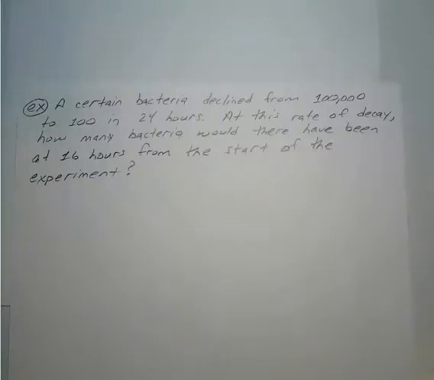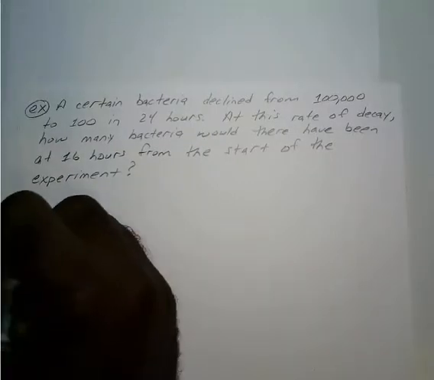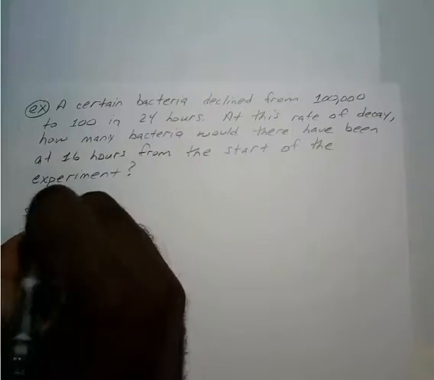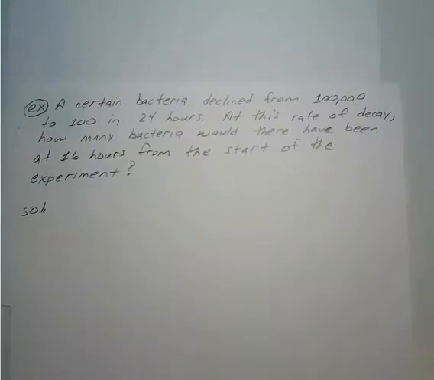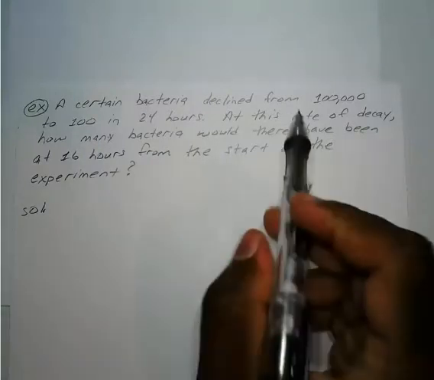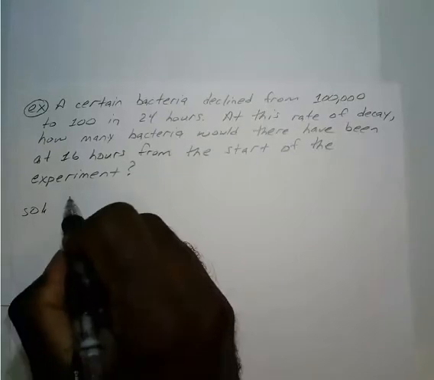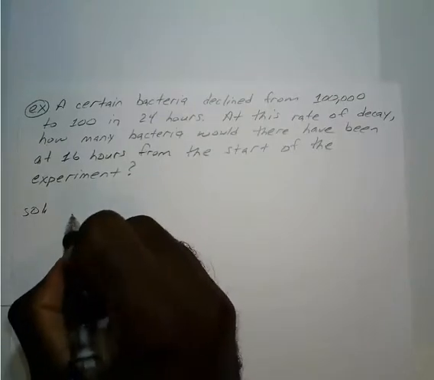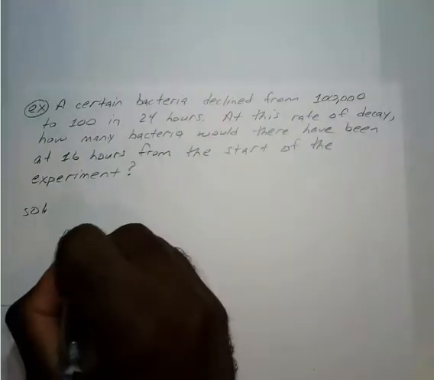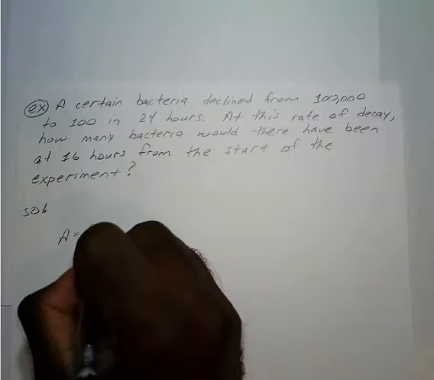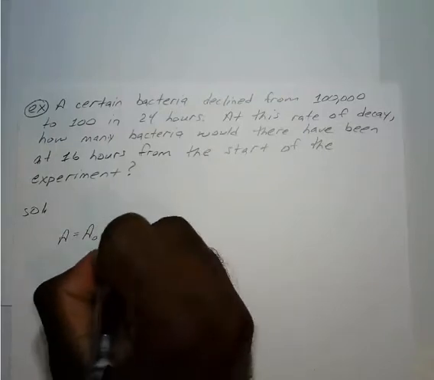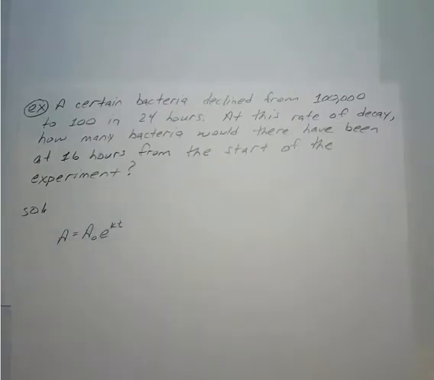All right, so we're going to go ahead and solve this one. We can see already that this is going to be a rate of decay problem, so we're going to use A equals A sub 0 times e to the power of kt.